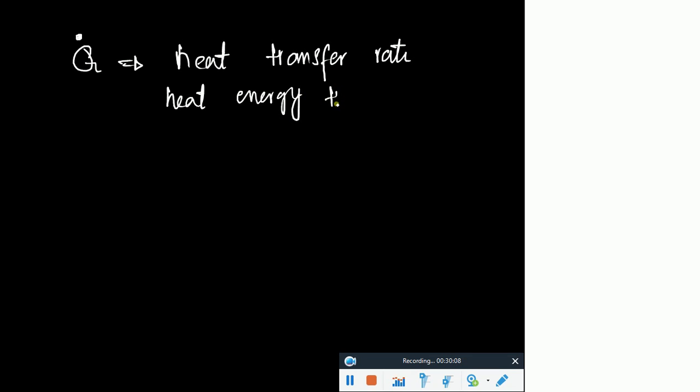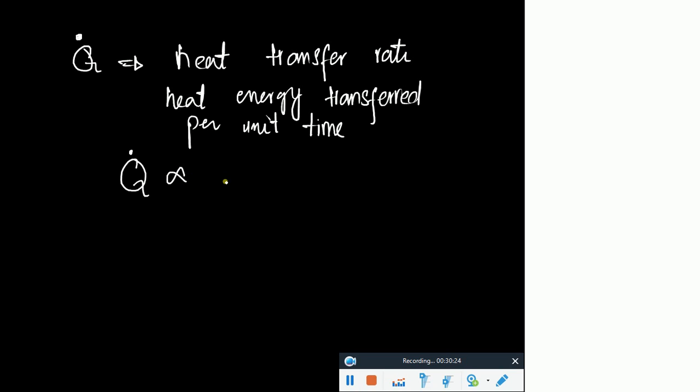I have already described it once, that this is the heat transfer rate, heat energy transferred per unit time.